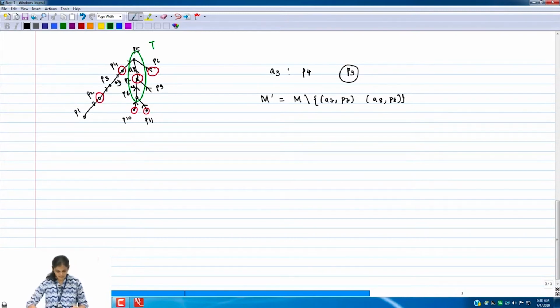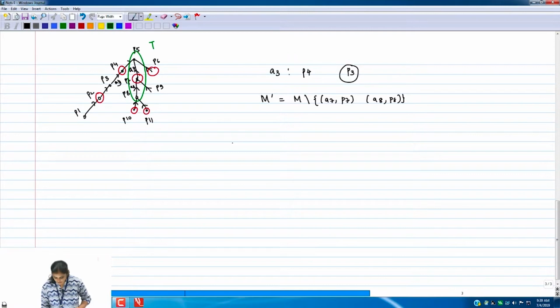If I remove these, I can actually get other partners for A7 and A8. What are the other partners? So it is using this path. So what can I do with A7? Where is another possibility for A7? So does everybody see this? This A7 is this applicant, on this edge. Remember, every edge is an applicant. So currently it is matched to P7.